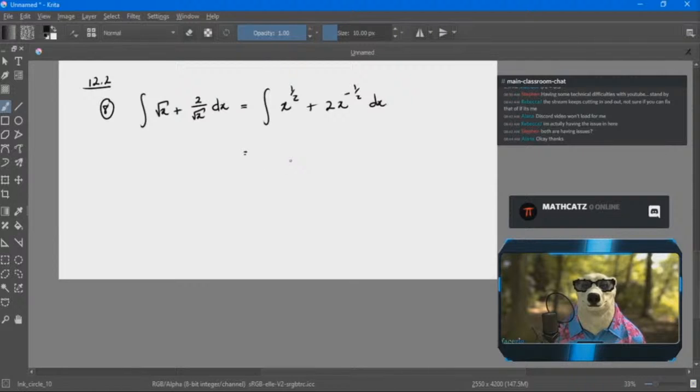I'm building an antiderivative. Everything is the same. So when I look at x to the 1/2, I'm trying to see what could that have come from. Well, it has to be x to the 3 over 2, so that when I take the derivative, my power rule is going to decrease that.